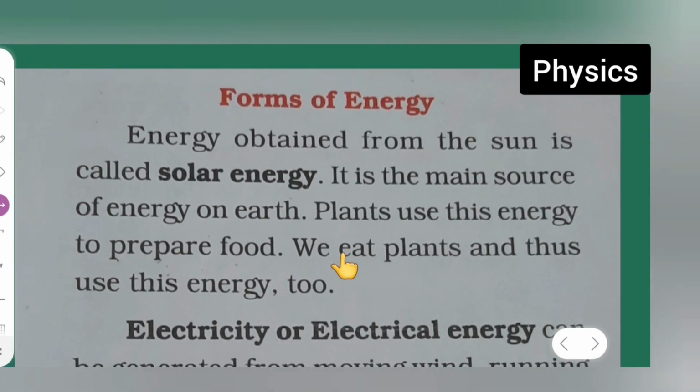Now when we talk about forms of energy, what happens over here? Energy is obtained from the sun, okay? And it is called solar energy. Now it is the main source of energy on earth, right? Then plants are also using this energy to prepare some food, right? Like photosynthesis. So we eat plants and thus use this energy too. So if we eat these plants, we are using the energy too, right?